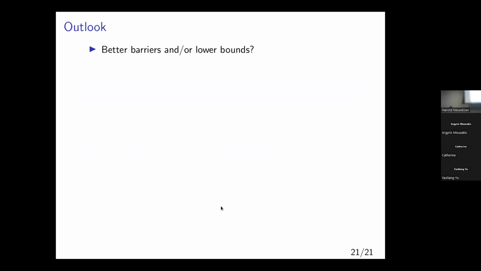All right, so let me end with some open questions. These barriers that we constructed, for instance for this ball, have a radius that scales with the diameter of this ball. This is pretty bad for applications, because if the domain you need to look over has large radius, then you can't get something efficient using just that.